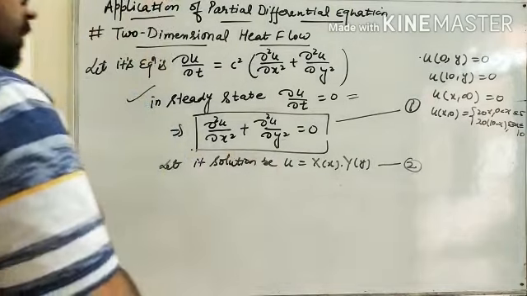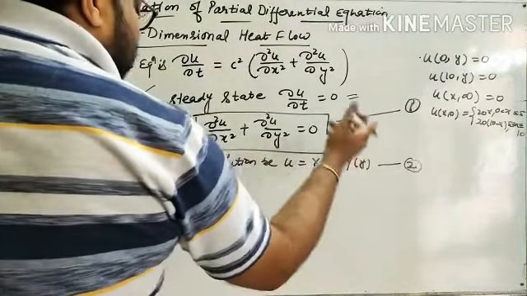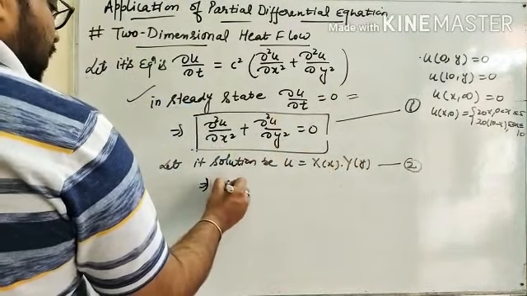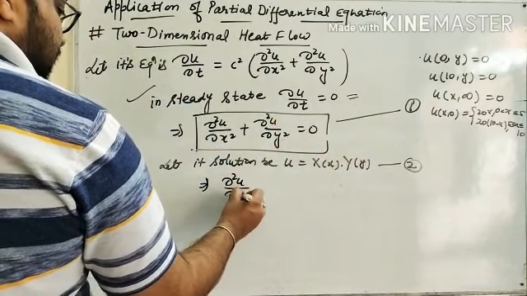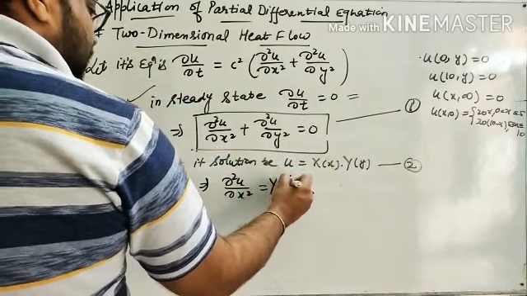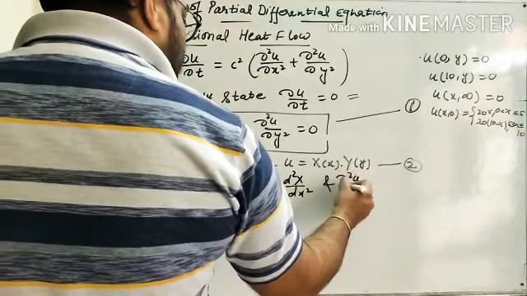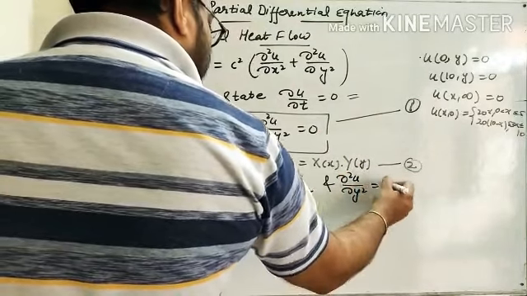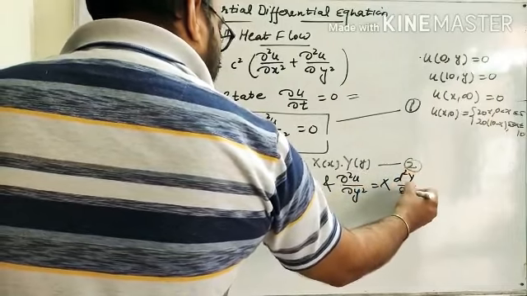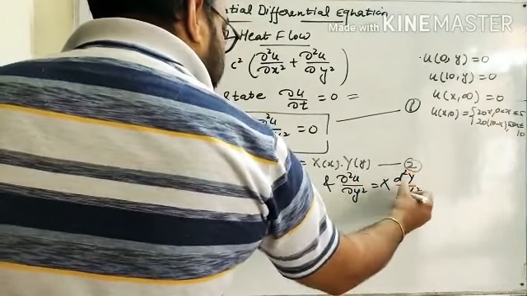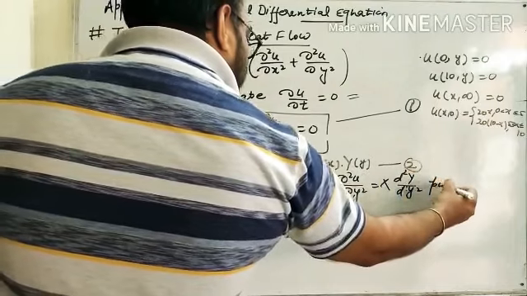Now we have to differentiate partially with respect to x then with respect to y. That is, on differentiating we get ∂²u/∂x² = Y d²X/dx² and ∂²u/∂y² = X d²Y/dy². So put in 1.